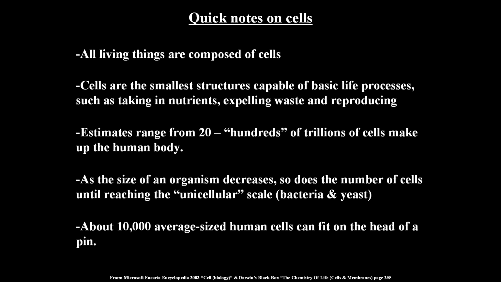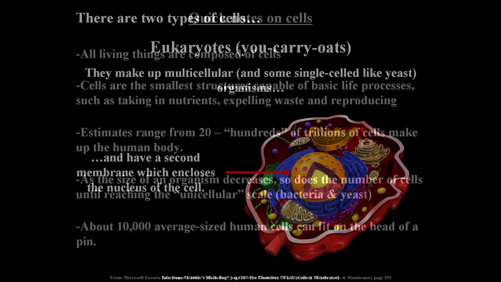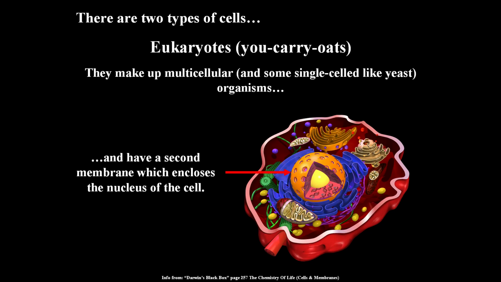As the size of an organism decreases, so does the number of cells, until reaching the unicellular scale of bacteria and yeast. About 10,000 average-sized human cells can fit on the head of a pin. So they are tiny.